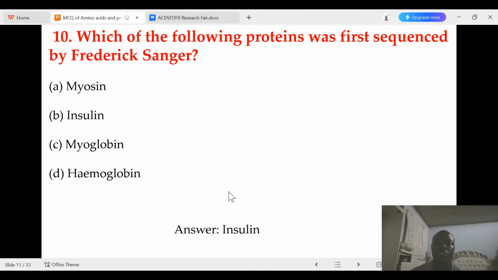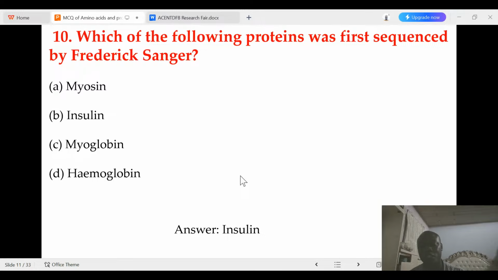Which of the following proteins was first sequenced by Frederick Sanger? A. Myosin. B. Insulin. C. Myoglobin, and D, hemoglobin. And I already wrote the answer to this question, which is insulin. So, ladies and gentlemen, Sanger is a scientist who was able to show the steps and processes of sequencing protein.